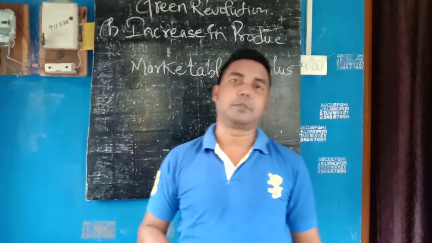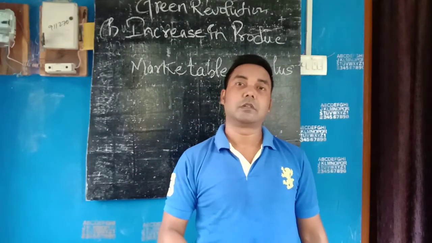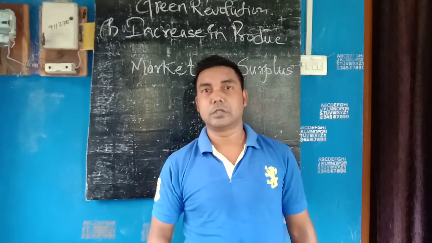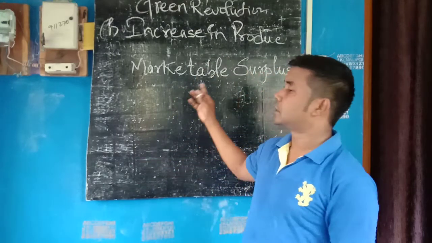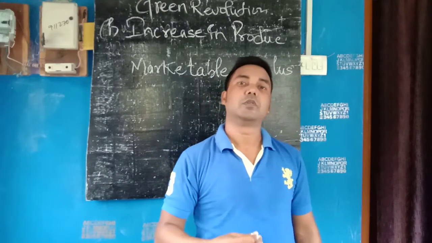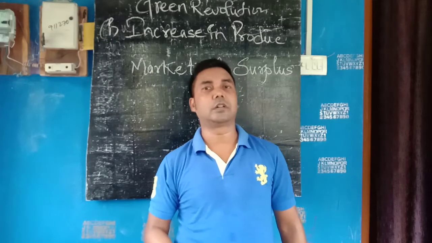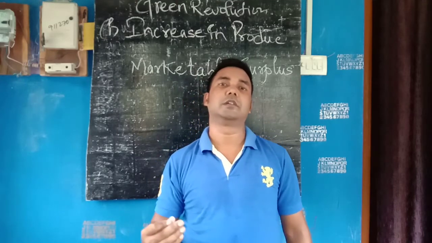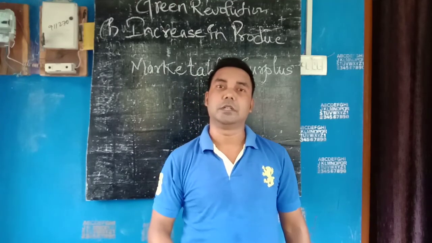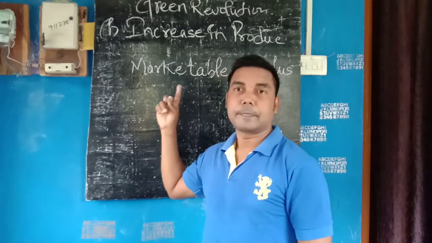Green Revolution's main motive is large production, and large production leads to marketable surplus. If the farmers are producing the food grains for themselves only, and they are not showing any contribution in the market, then it is not a marketable surplus.